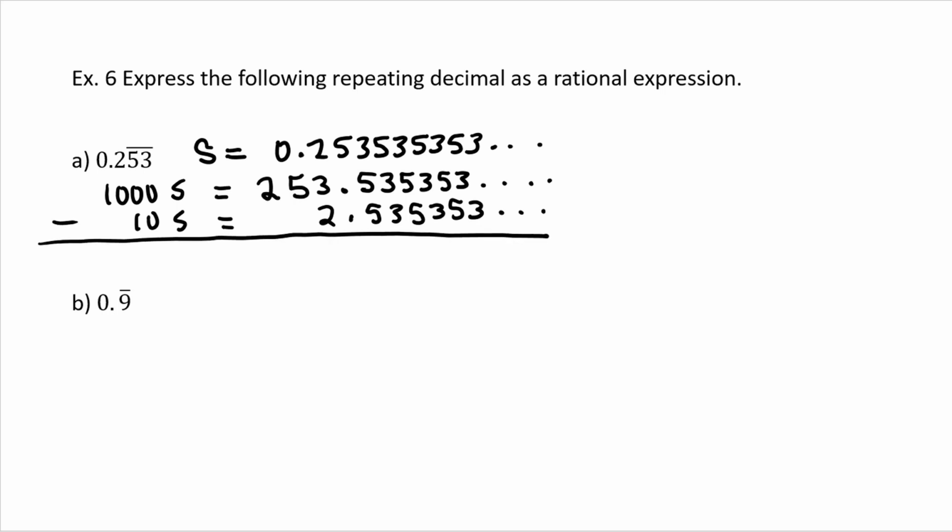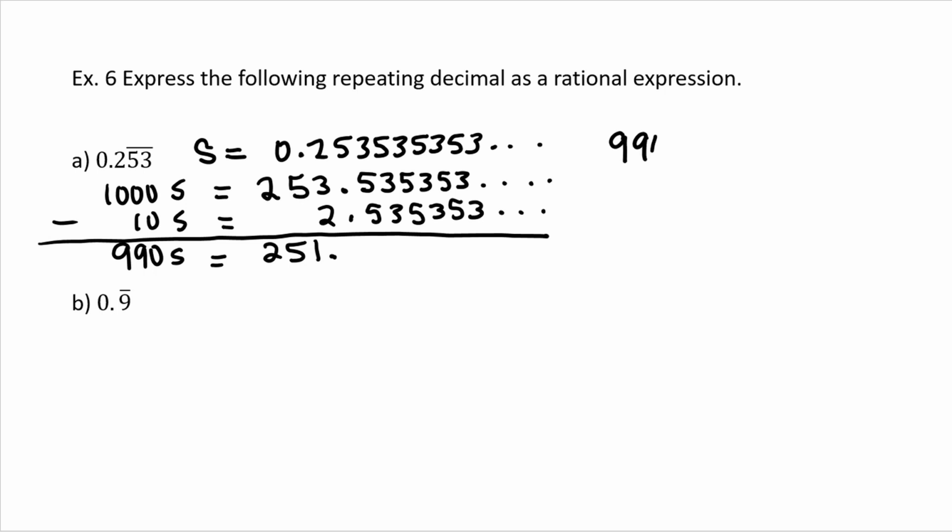Now I'm going to subtract. So 1000S minus 10S is 990S, and 253 minus 2 is 251, and we end up subtracting off everything that repeats.